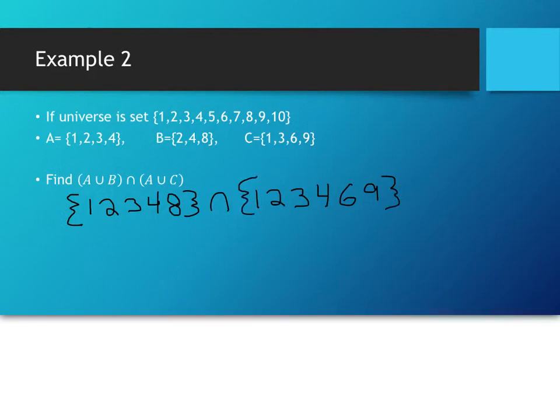All right. I'm trying to intersect those two sets, so I have to see what they have in common. They have in common the 1, the 2, the 3, and the 4. The 8 is not common to both, 6 is not, 9 is not common to both. So this whole thing should be 1, 2, 3, and 4 as the final answer.